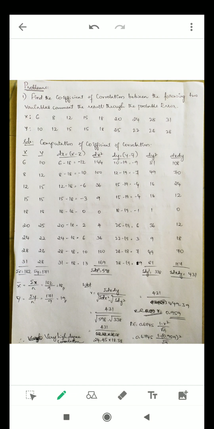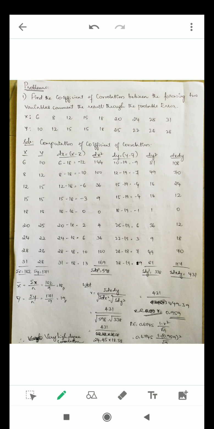Now subtract 18 from the x variables: 6 minus 18 is equal to minus 12, 8 minus 18 is minus 10, 12 minus 18 is minus 6, 15 minus 18 is minus 3, 18 minus 18 is 0, 20 minus 18 is 2, 24 minus 18 is 6, 28 minus 18 is 10, 31 minus 18 is 13.